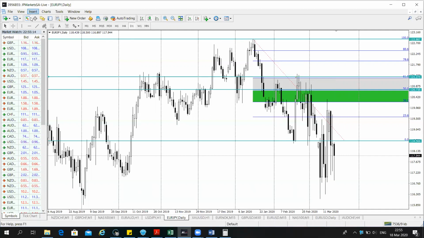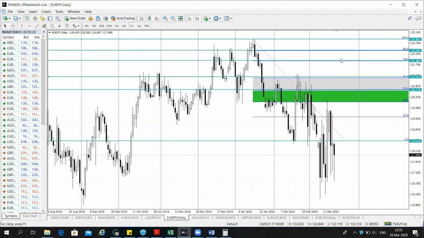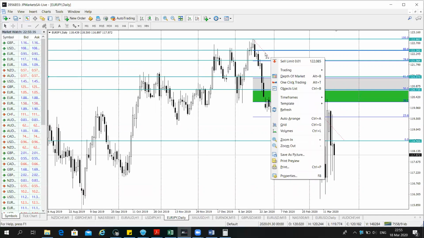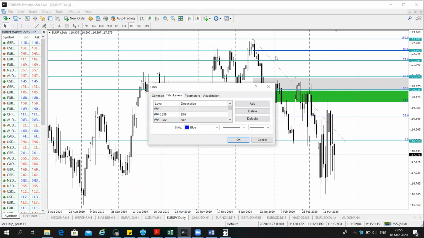Then your 78.6 is a major retracement zone, and the 88.6 is another major retracement zone. Above 88.6 towards the 100, this is where we begin to talk about the trend losing its momentum. Another thing, we can add levels on a Fibonacci. Let me add the 127.2, 1.272, just going to add it here.